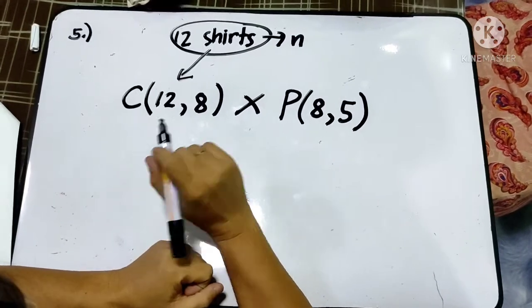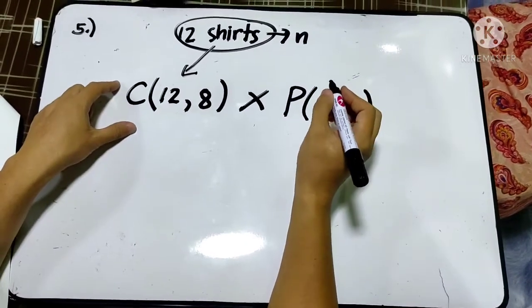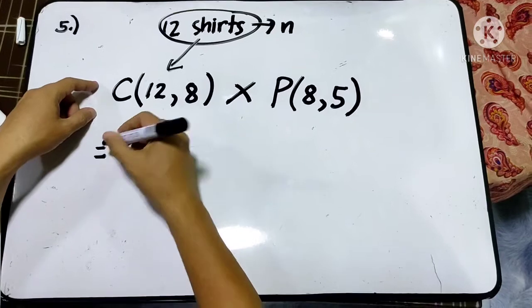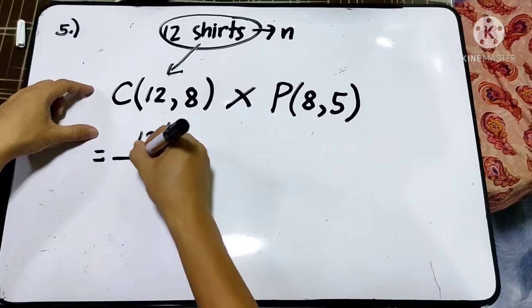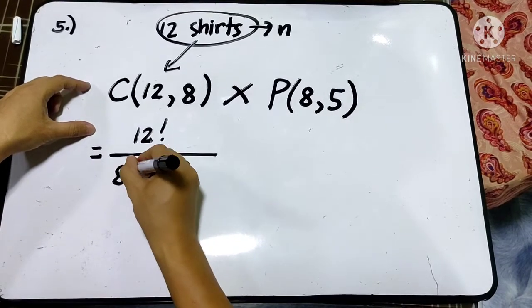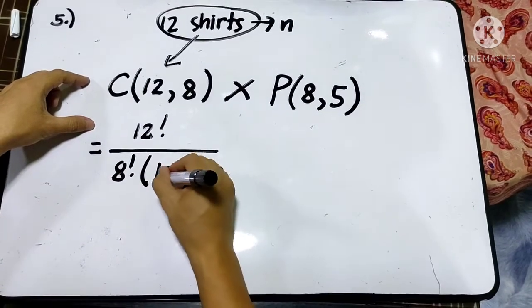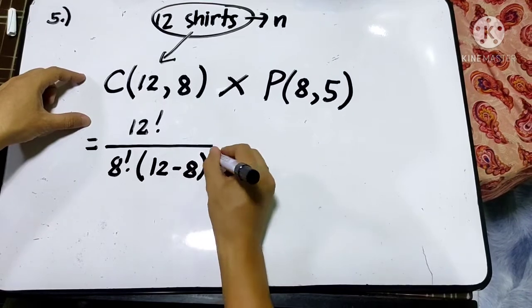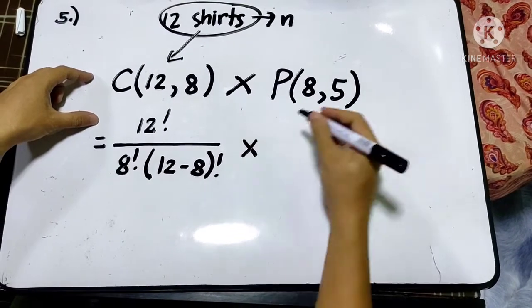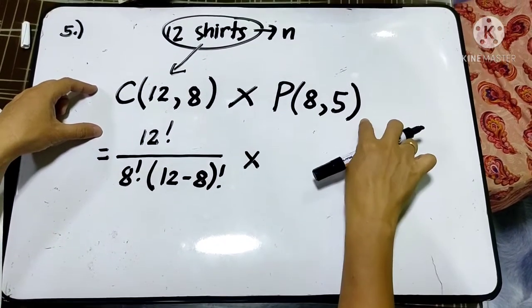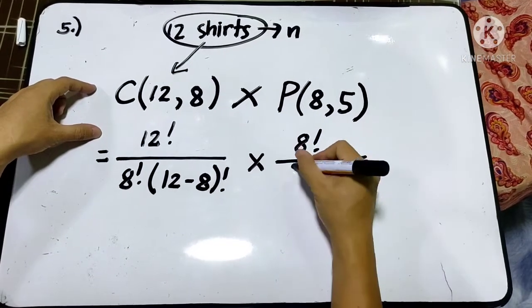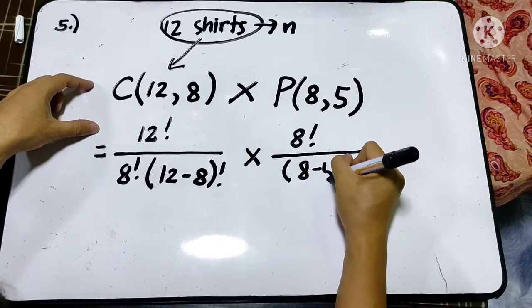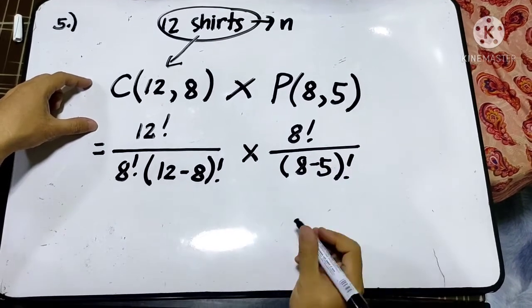Okay? So, you will have, simplify this. So, this will be 12 factorial over 8 factorial 12 minus 8 factorial times, apply the permutation formula, you will have 8 factorial over 8 minus 5 factorial.